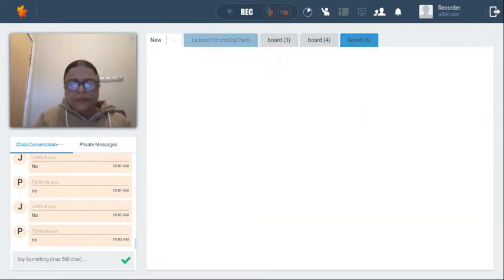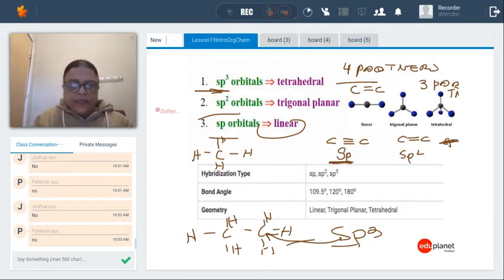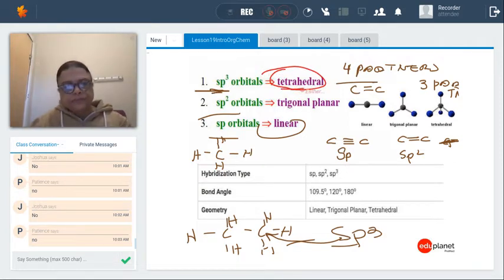Okay, all right. So when I have sp3 hybridization, carbon is going to be tetrahedral. If you wonder what a tetrahedral is, this is this.